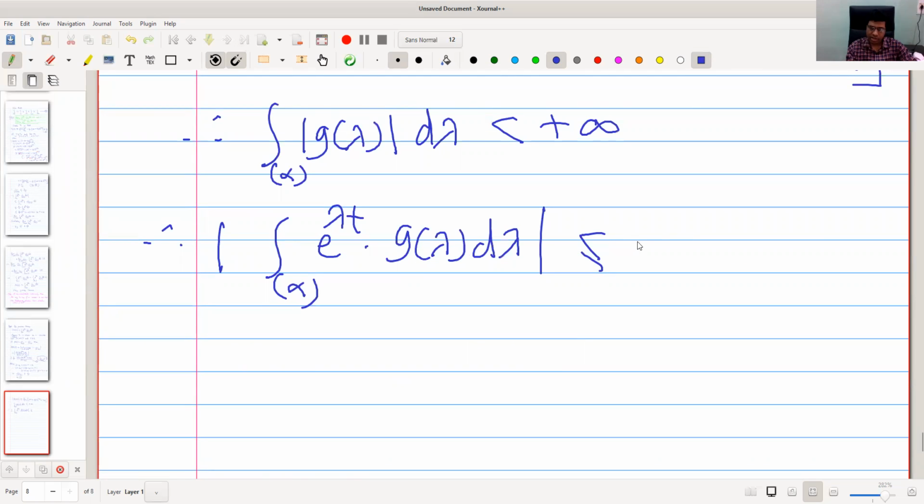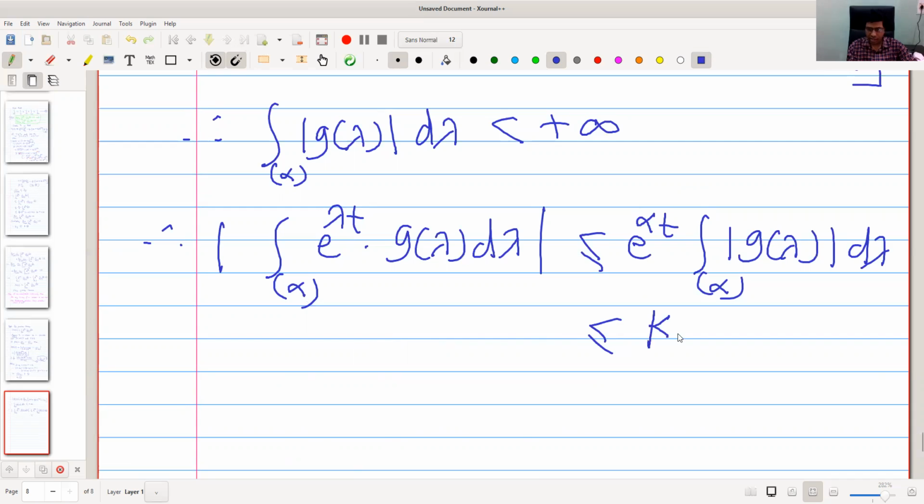Lambda is alpha plus i t, so this is e raised to alpha t, and here integral mod of g of lambda d lambda, and now this is bounded, so we can write this as less equal some constant k1 e raised to alpha t. Okay, so for this integral we write less equal k1. It is bounded.